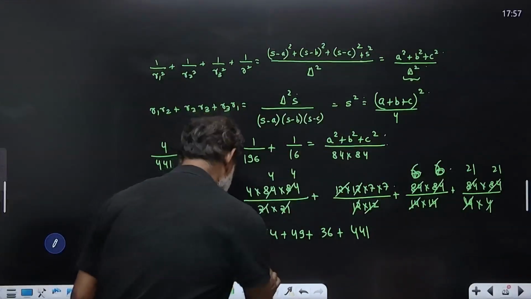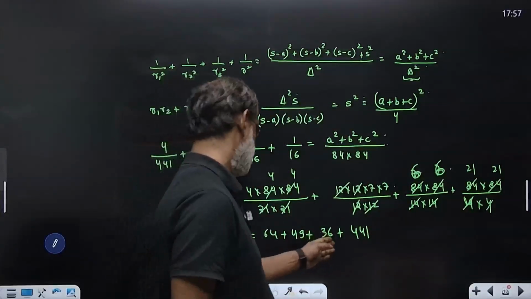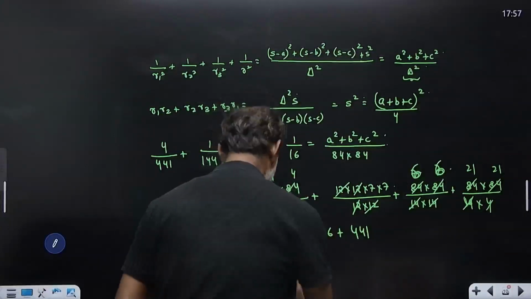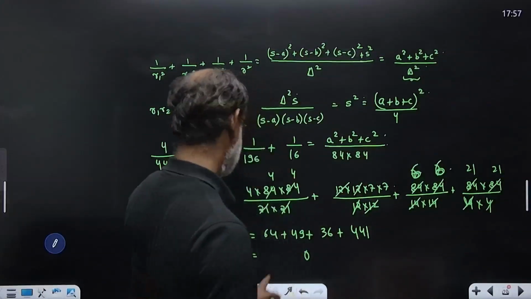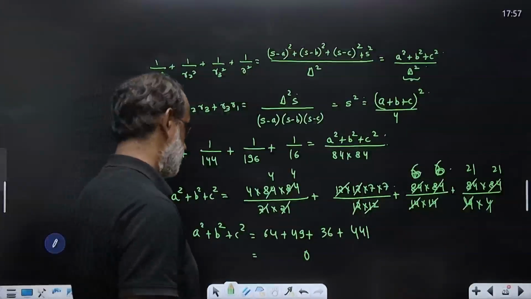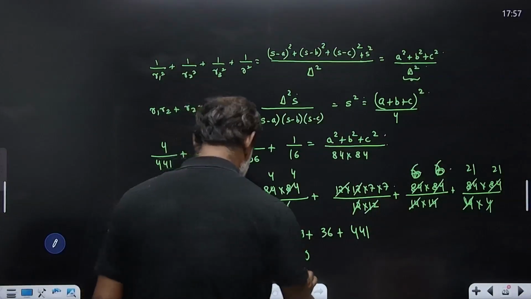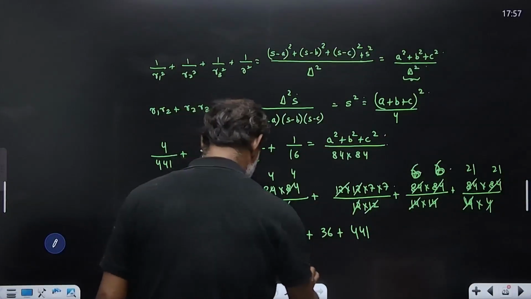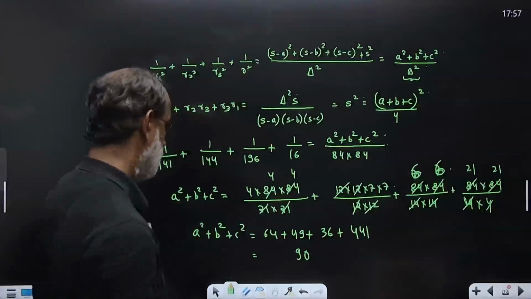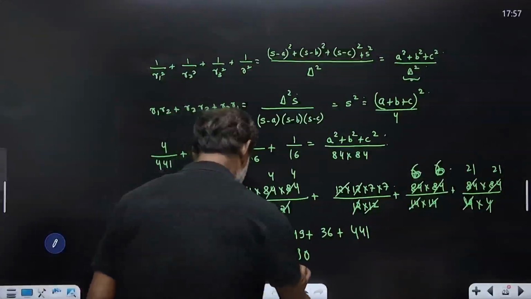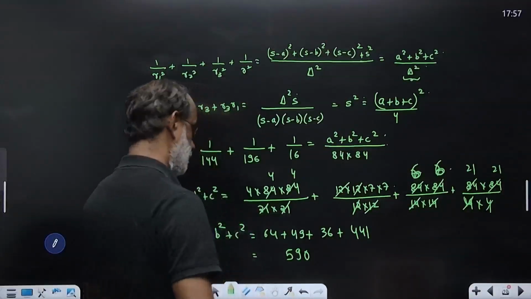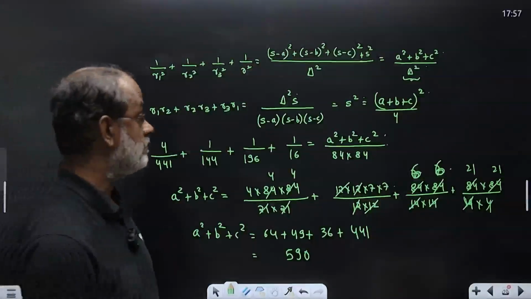So this is 10 times 0, 2, 4 to 6, 3, 9, 4, 13 and 6, 19, 590. This is a square plus b square plus c square.